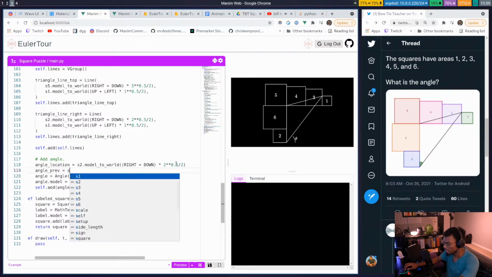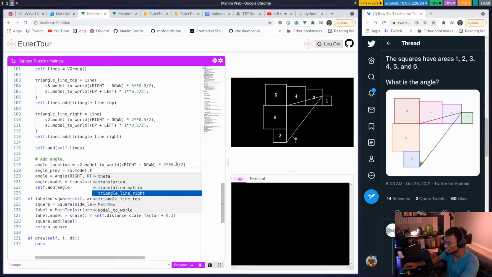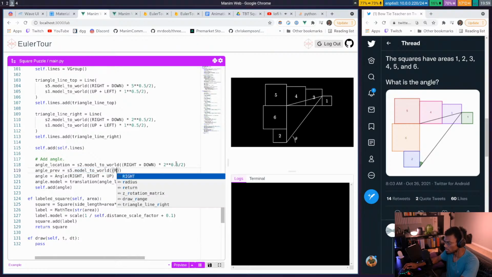It's going to be S5 dot whatever model to world, right plus down. Take this square root divided by 2.